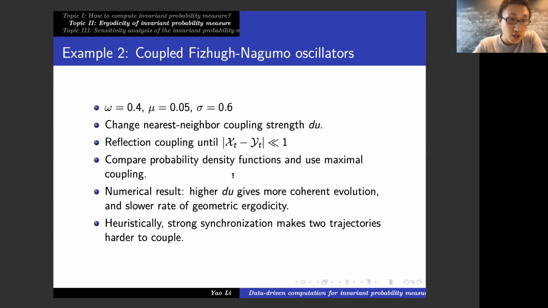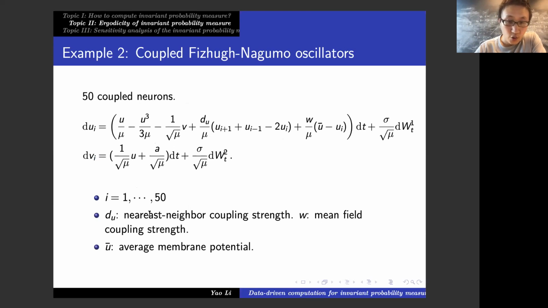Then we compare this numerical coupling speed for different parameters. There are two parameters: du, the strength of nearest neighbor coupling, and w, the strength of mean field coupling.